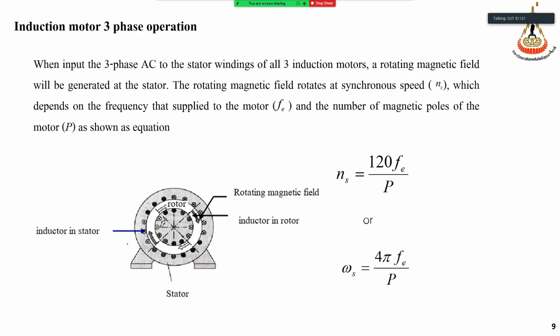Okay, here. On the other hand, if we would like to know the speed in terms of radian per second, right? The synchronous speed would be 2 pi f divided by p, right? This is in radian per second, but Ns is in RPM here. Okay.